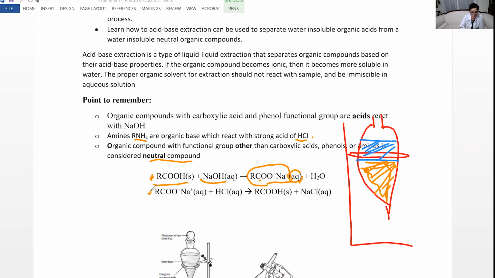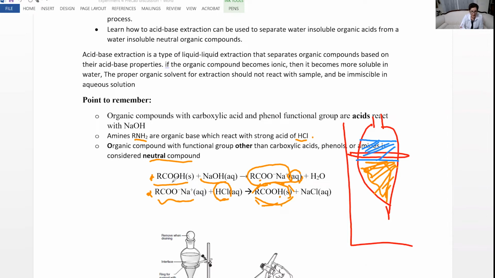The second reaction shows that if you have the salt of the organic acid and you mix it with HCl, it will give you back the organic acid, because the HCl is going to remove the sodium and give back the hydrogen, and it's going to be insoluble in water.